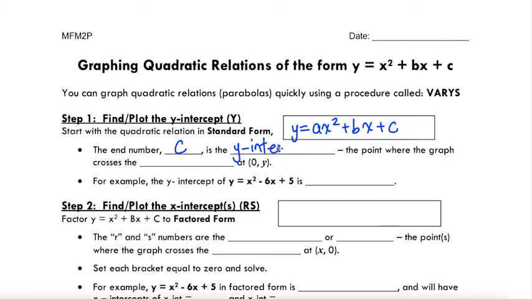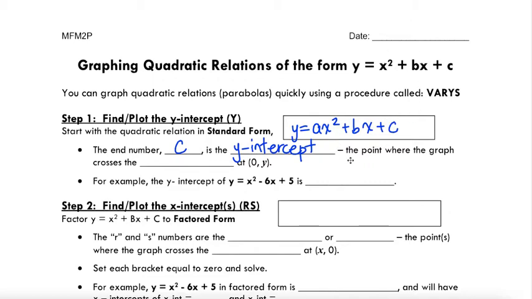Each version of the quadratic relation will tell you different information about your parabola. You're going to learn more about this in grade 11, but this is an introduction. So this last number c is going to be your y-intercept, whatever that number happens to be. If there is no constant term in your quadratic equation, then you are going to have a y-intercept of 0.